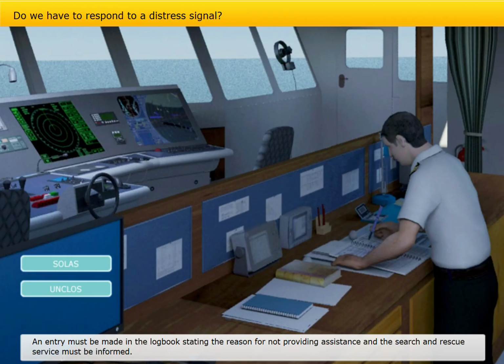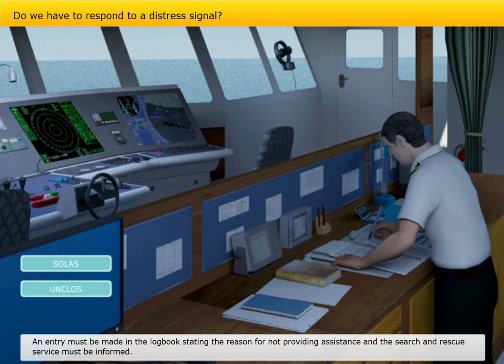Under SOLAS, if the ship receiving the distress alert is unable, or in special cases considers it unreasonable or unnecessary to proceed to their assistance, the master must make an entry in the logbook. The reason for failing to proceed to the assistance of the persons in distress must be given, and the appropriate search and rescue service must be informed.